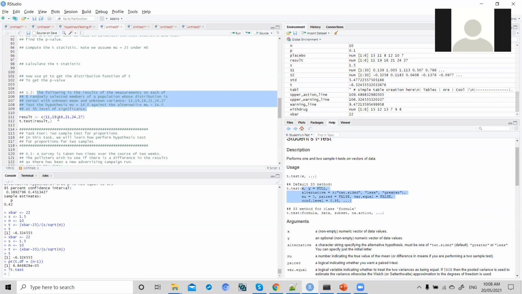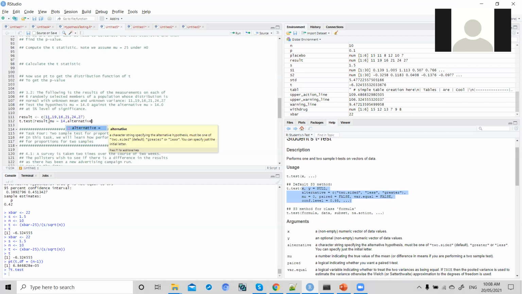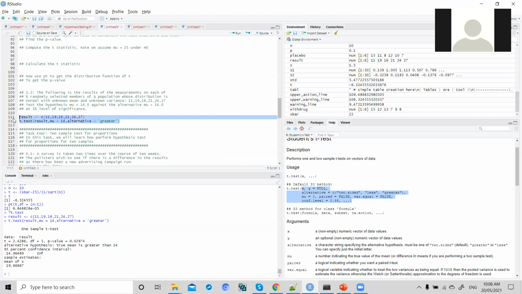So the null equals 14, and the alternative will be greater, because here we are talking about greater than 14. If you run this, we can get the result all at once, and the p-value is 0.02, which is less than 0.05. So we reject the null hypothesis.